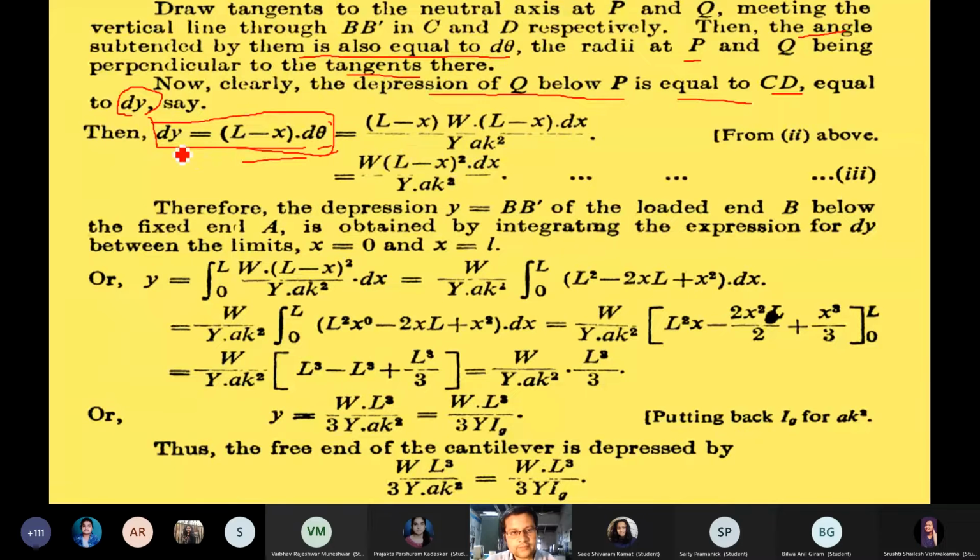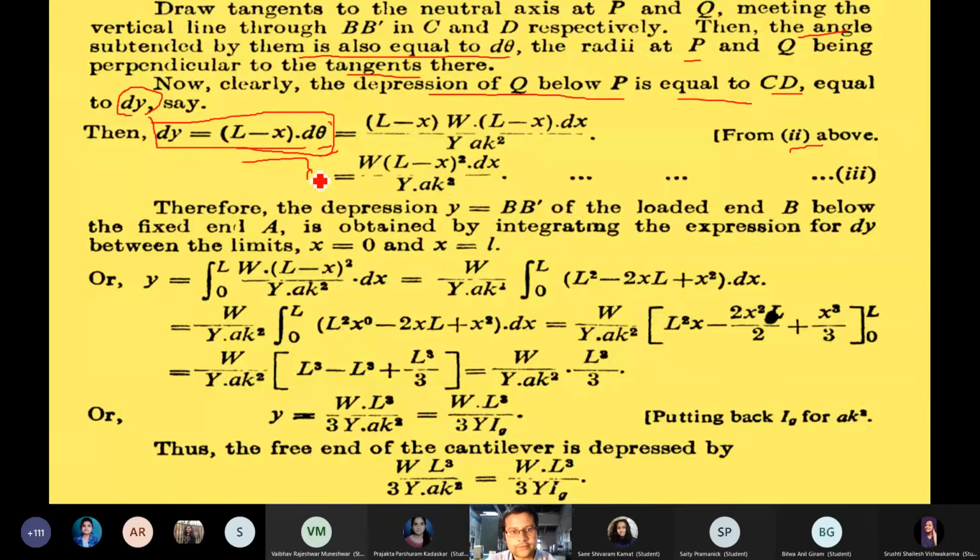By the geometry, you can write dy is equal to (L minus x) into d theta, and then you substitute the value of d theta from equation number 2 and solve further to get the value of dy.